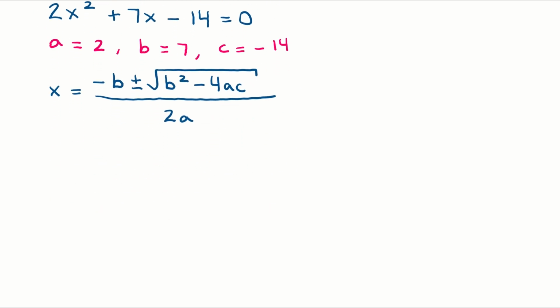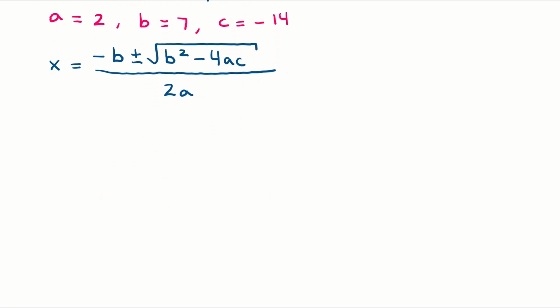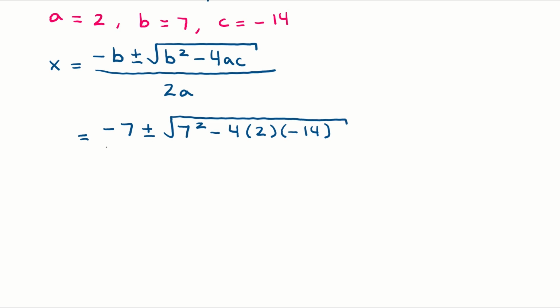Plugging in what we have, we get x is equal to negative 7 plus or minus the square root of 7 squared minus 4 times 2 times negative 14, all divided by 2 times 2.